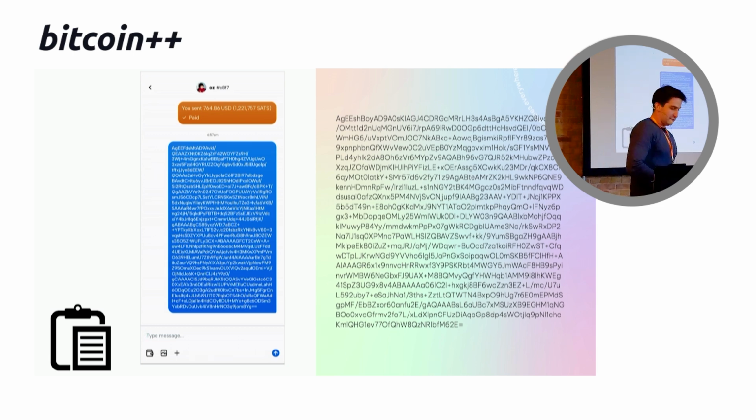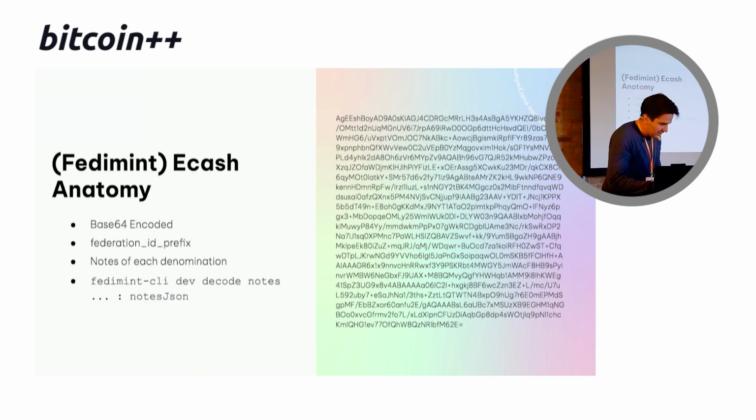So that's what an ecash note looks like, at least the Fedimint type of ecash. The Cashu ones have a little prefix and a version at the beginning. At the end of the day, we're looking at an encoded form of binary data. It's base64 encoded, at least the Fedimint version.